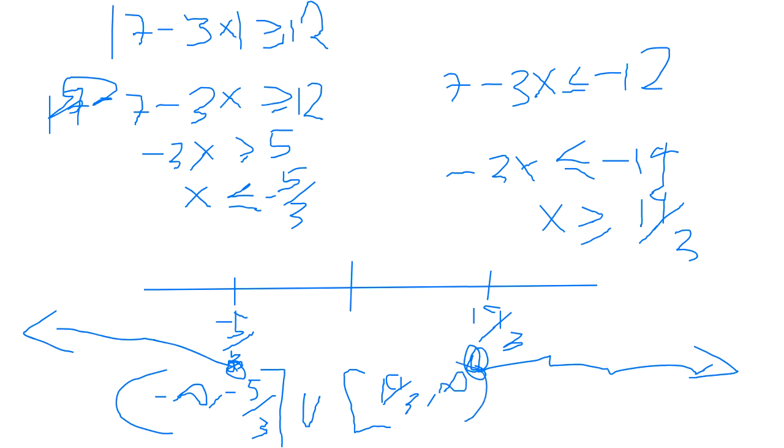So can you please explain the arrows of the number line? When it's less than, it goes left. If it's greater than, it goes right, depending on your answers. Is that clear? Whenever x is less than, it goes to the left. Whenever x is greater than, it goes to the right.